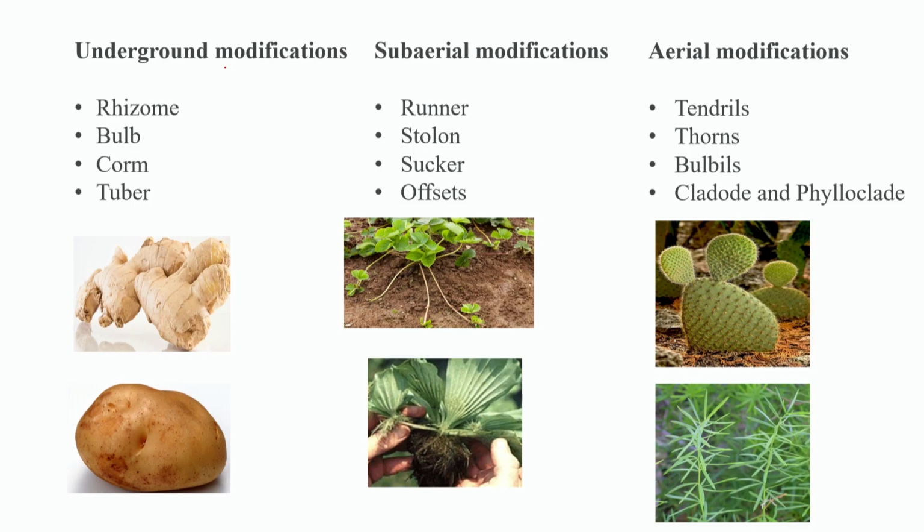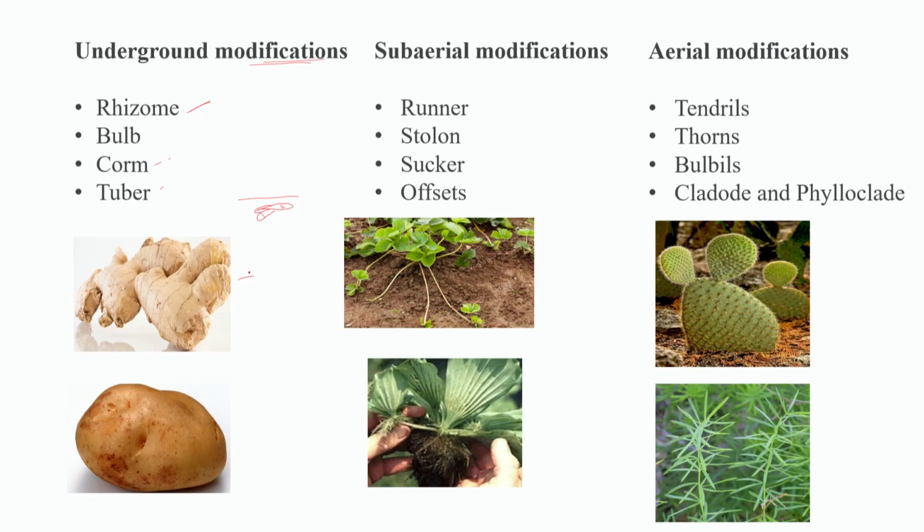Now the underground modifications, in which the stem is found underground and is modified, are the rhizome, bulb and corm. Rhizome is an underground modification of stem where they are lying almost in a horizontal manner inside the soil, okay.